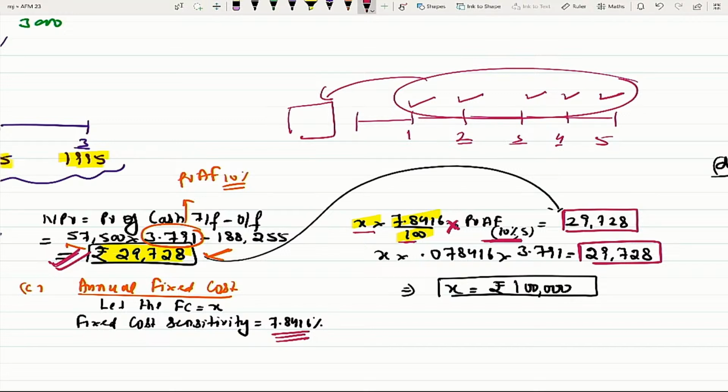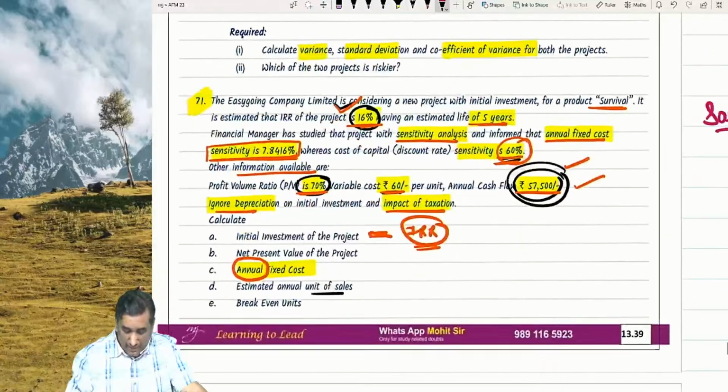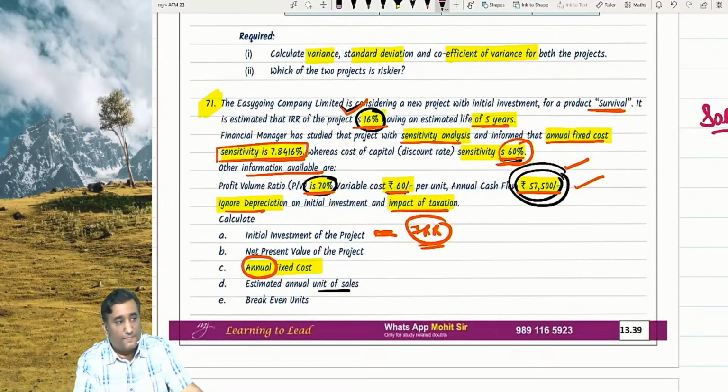Fourth is asking what? Units. Fourth is asking units. Estimated annual unit of sales.